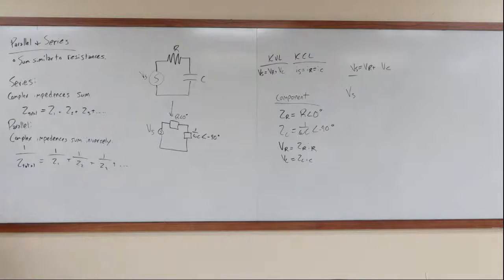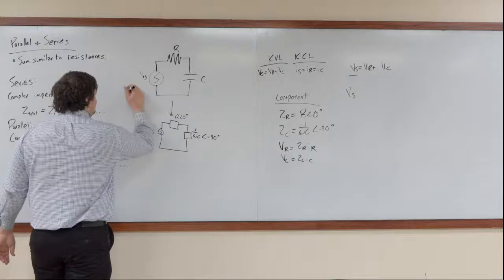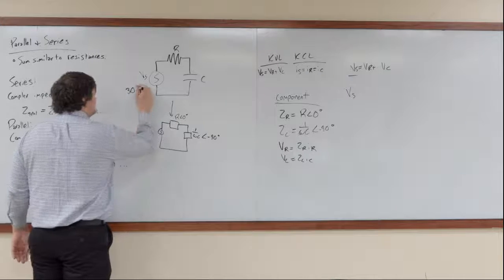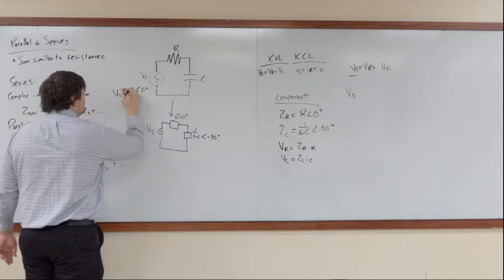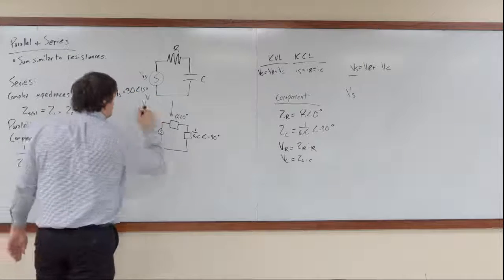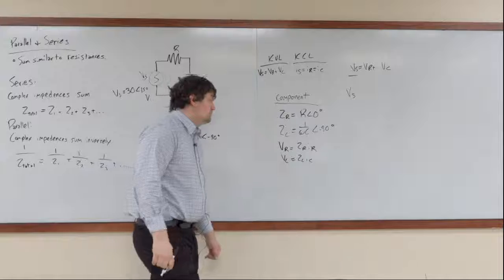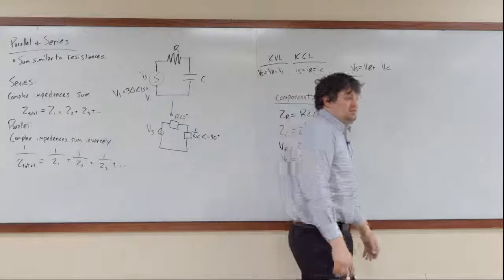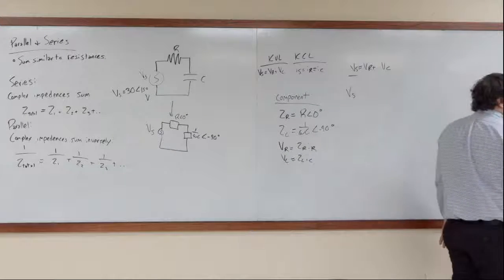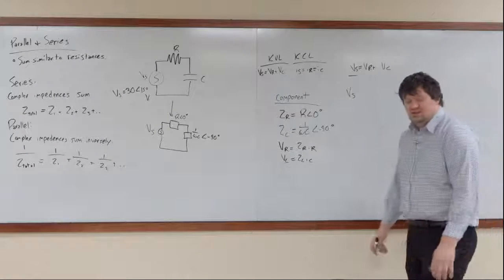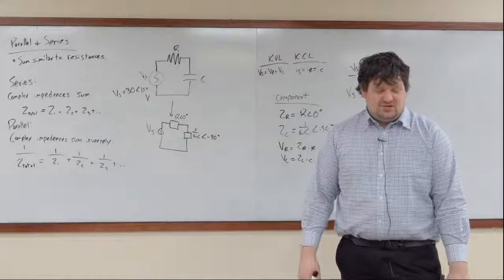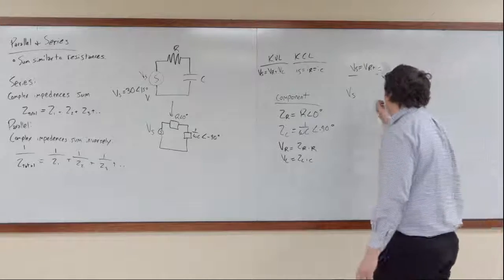Vs might be 30 volts with a phase angle of 15 degrees. That might be what we have. So how do we plug this in and actually solve this? Well, this is where you are going to have to be able to add the complex impedances.